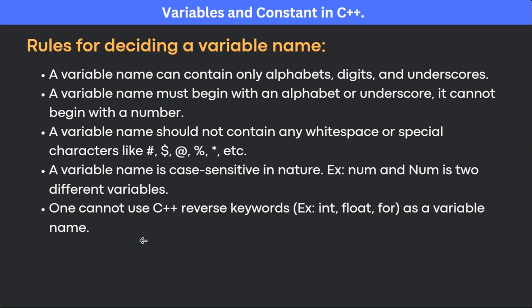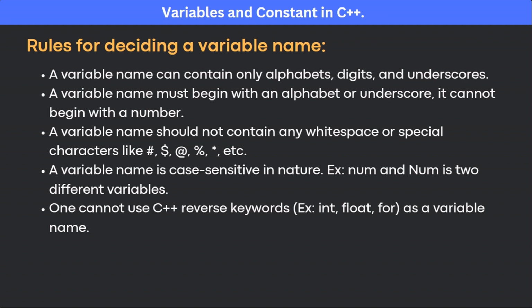Now, one last important rule that we need to follow while naming a variable is that you cannot use C++ reserved keywords. Basically, keywords are those words in the C++ programming language whose feature or specification is already defined by the language. Like we use cout to print output, so we cannot use cout as our variable name.